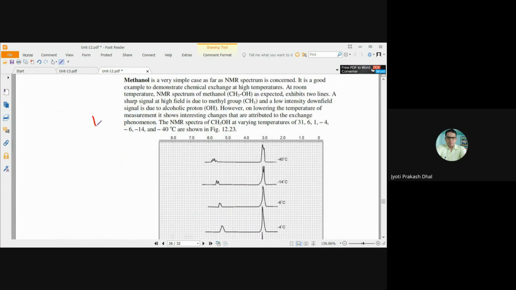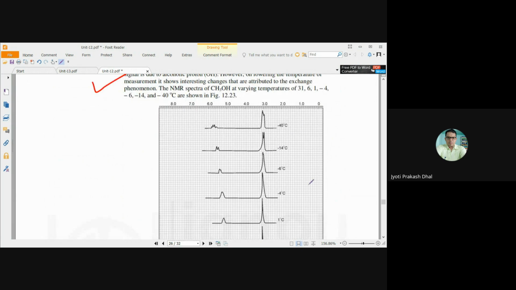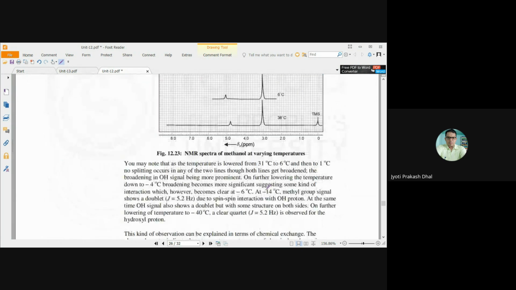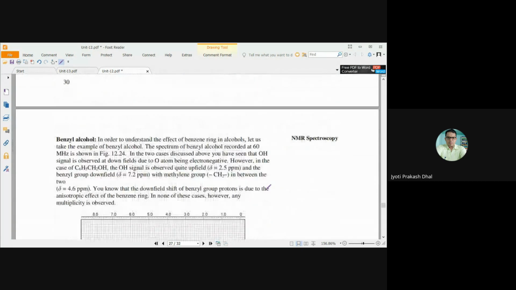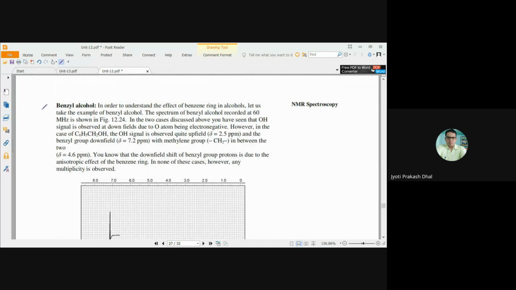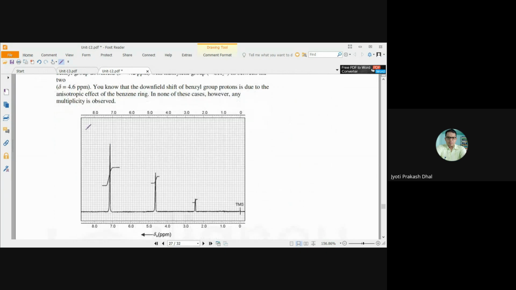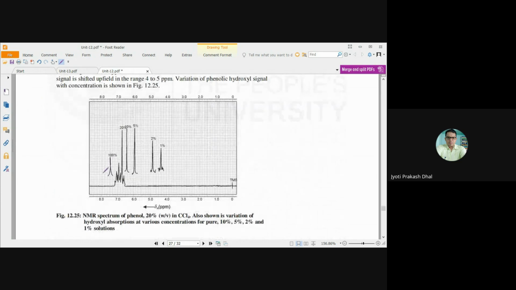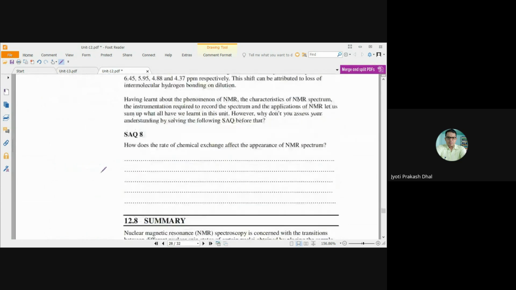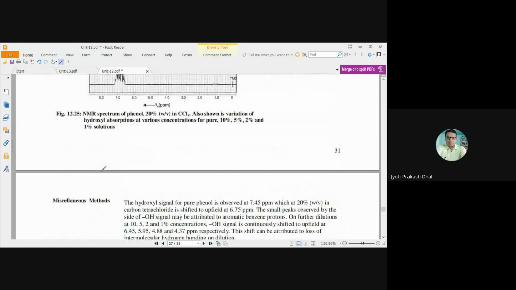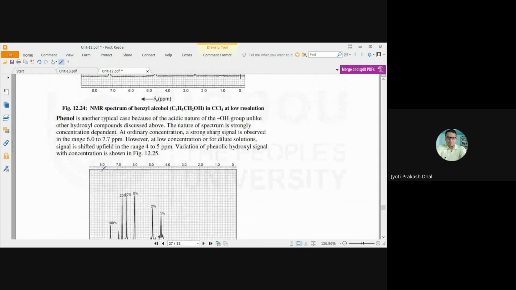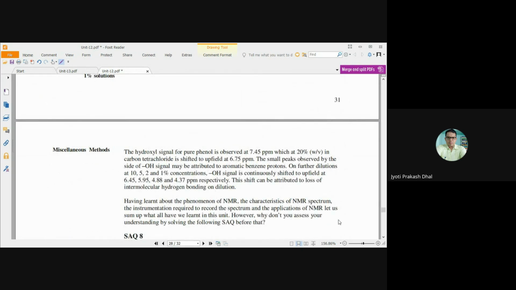And this is for methanol at different temperatures, showing the shifting of the peaks. And this is for benzyl alcohol. For benzyl alcohol, three different types of protons are there, and correspondingly you will get three different peaks. Now, we will discuss the next chapter, that is mass spectrometry.